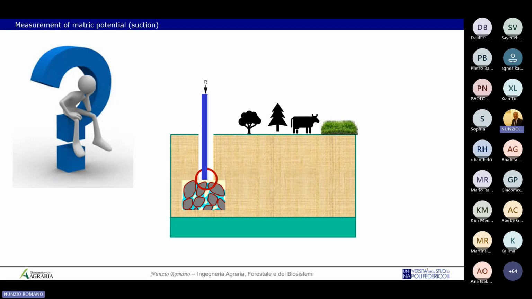Please consider that everything moves from the higher total potential to the lower total potential. So this means that you not only have to look at the position, the gravitational potential, but you also have to look at the gradient, the difference in the matric potential, if you want to see how water moves in the soil system and toward the roots of the vegetation.